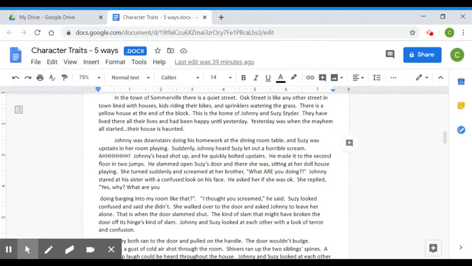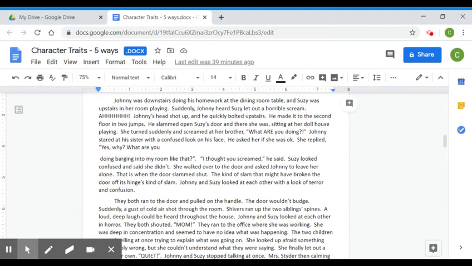Their house is haunted. Johnny was downstairs doing his homework at the dinner table, and Susie was upstairs playing in her room. Suddenly, Johnny heard Susie let out a horrible scream. Ah! Johnny's head shot up. He quickly bolted upstairs. He made it to the second floor in 2 jumps. He slammed open Susie's door, and there she was, sitting at her dollhouse playing.